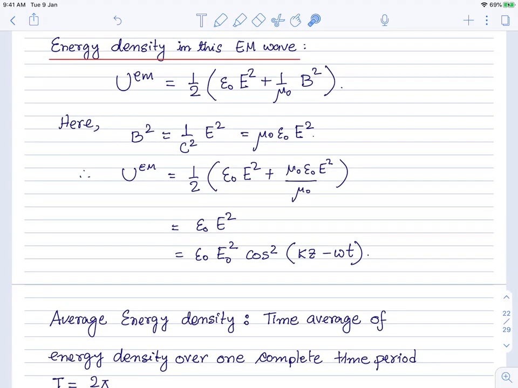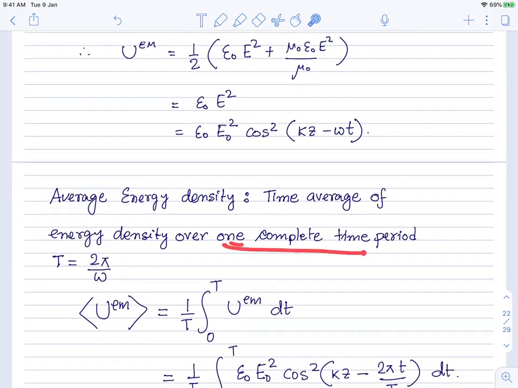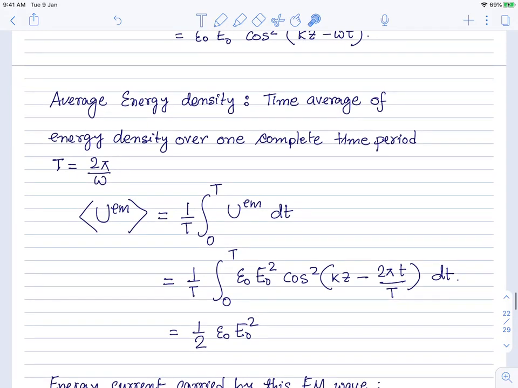Now it is very conventional in these kinds of situations to consider the average energy density, by which I mean the time average of the energy density over one complete time period of this wave. This time period is 2 pi by omega. So you integrate over time from 0 to T, and then divide by T. Whenever you integrate cos square over one complete cycle, you just get a half.